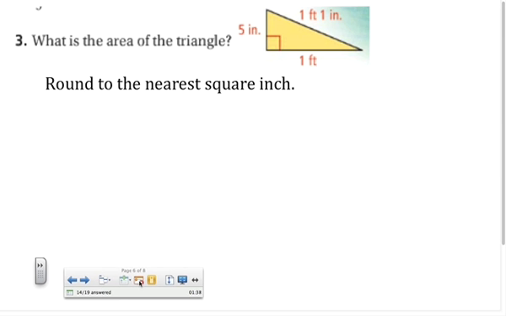There's no rounding necessarily, but I wanted to specify what unit I wanted the answer in. We're still waiting for a couple of you to key your answers in.